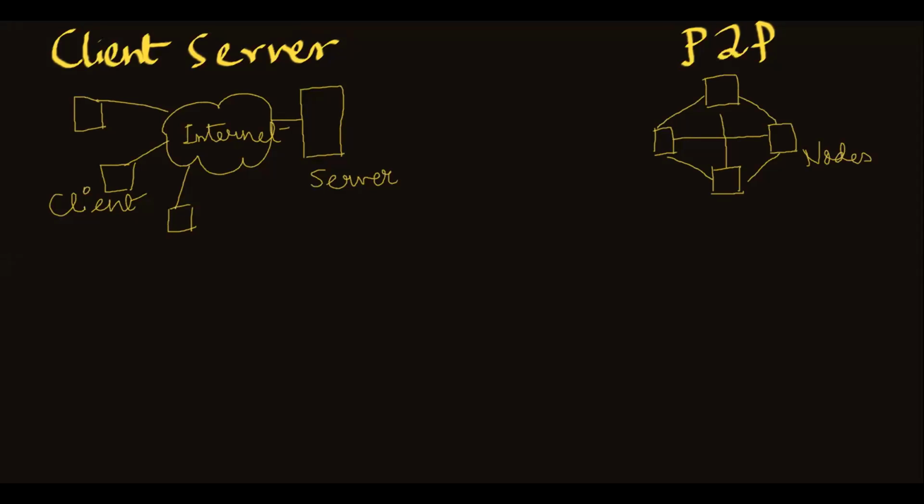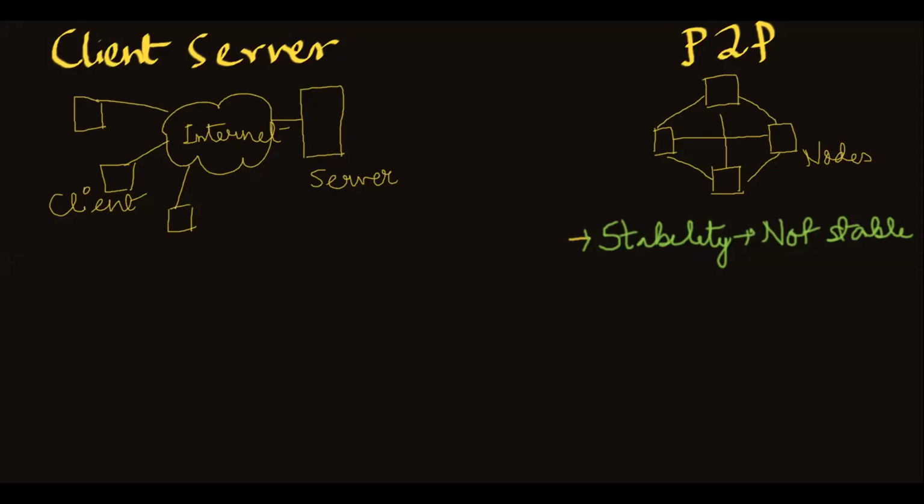Now, let me look at one advantage of P2P architecture. The first thing I should write is stability. P2P architecture is not stable. Why? Suppose I keep increasing the nodes.